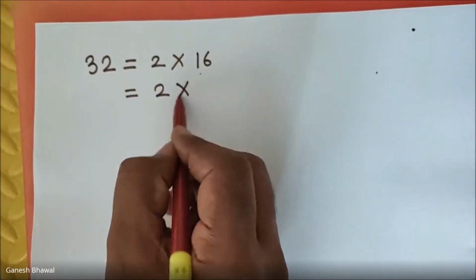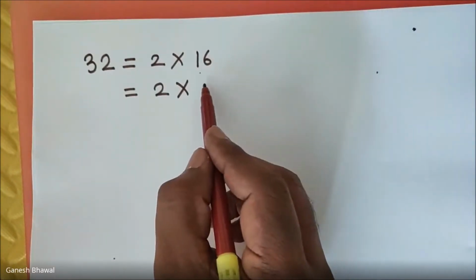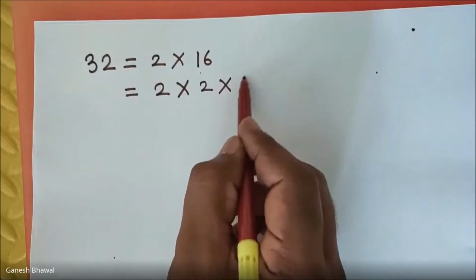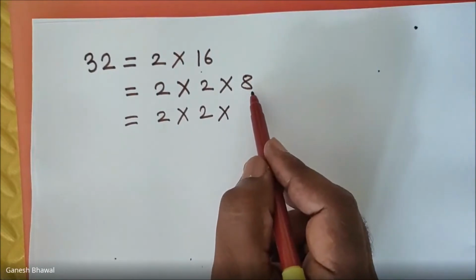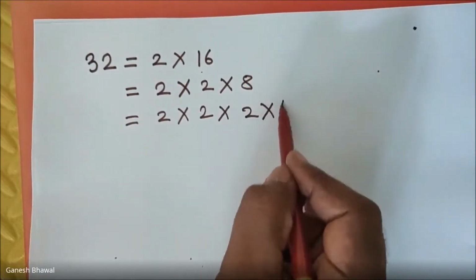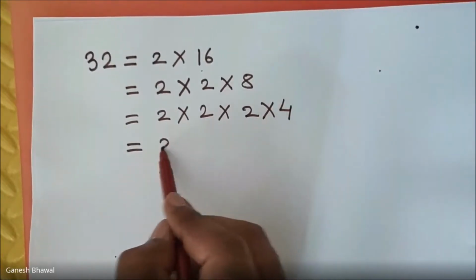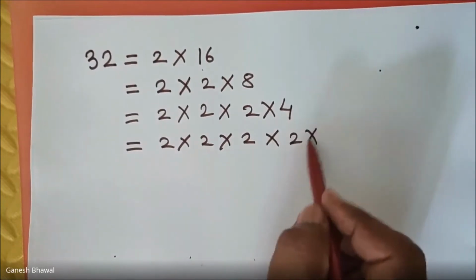Next, 16 will be 2 into 8. Again, 8 will be 2 into 4. And last, 4 is 2 into 2.